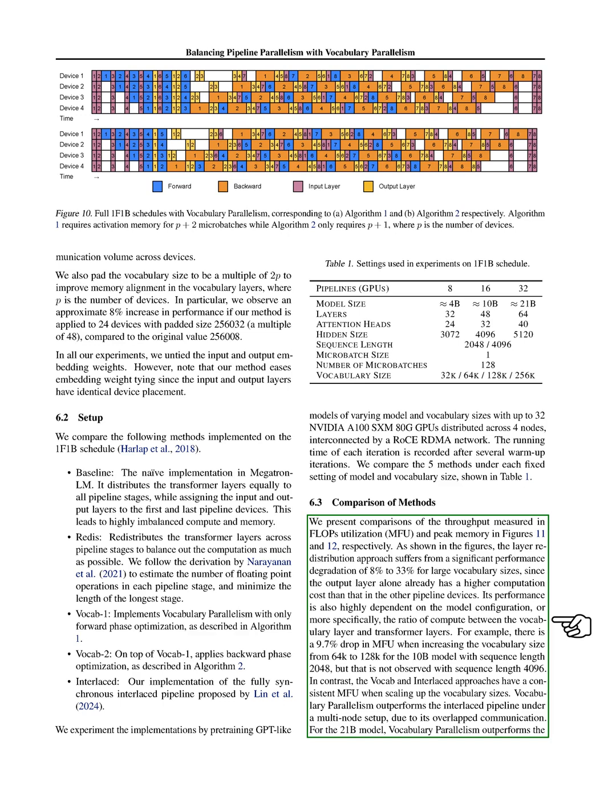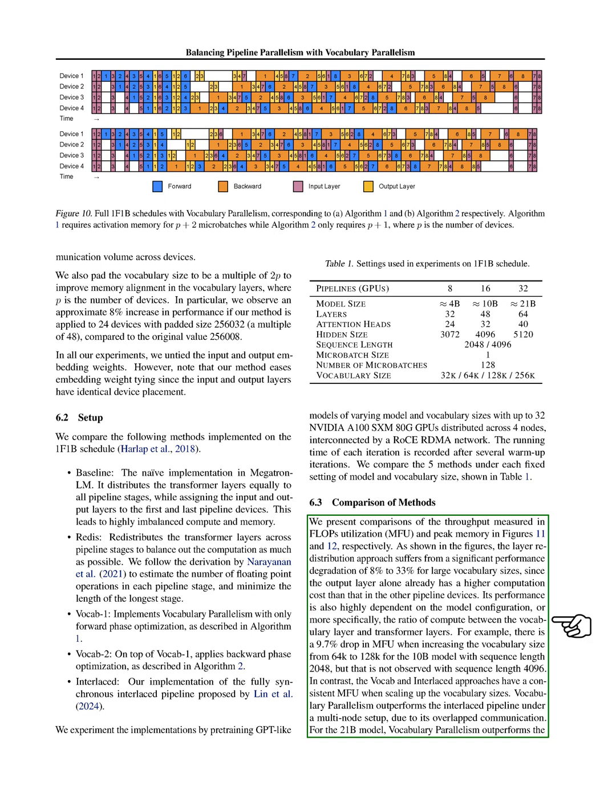We find that the layer redistribution approach experiences a significant performance drop of 8% to 33% for large vocabulary sizes, as the output layer has a higher computation cost than other pipeline devices. Its performance also varies based on the model configuration, particularly the compute ratio between the vocabulary and transformer layers.